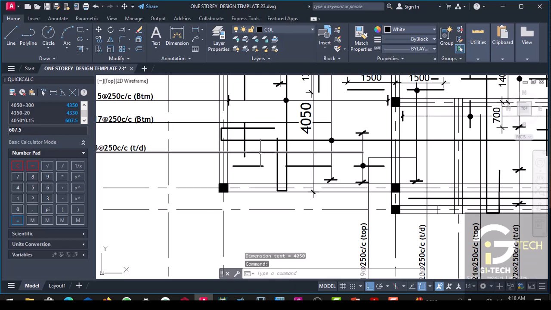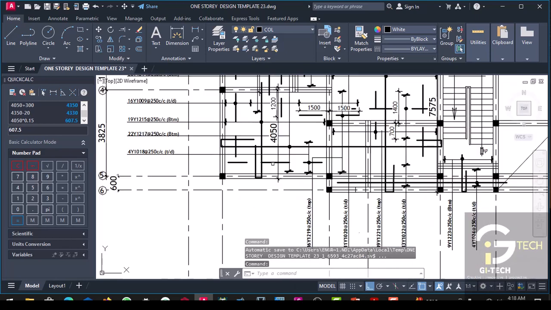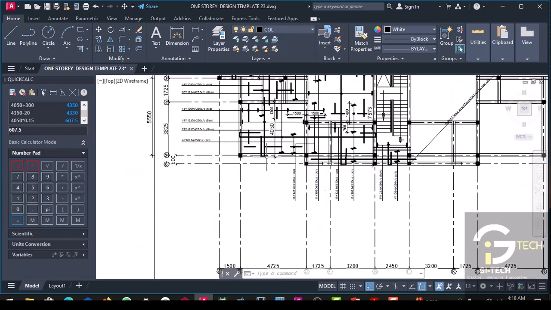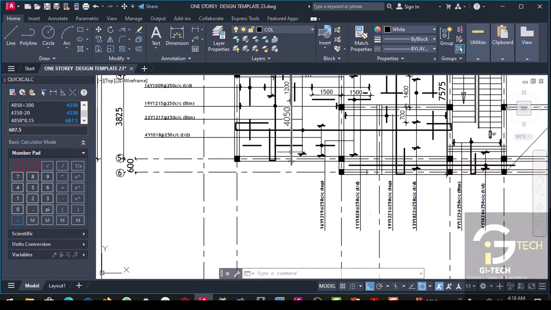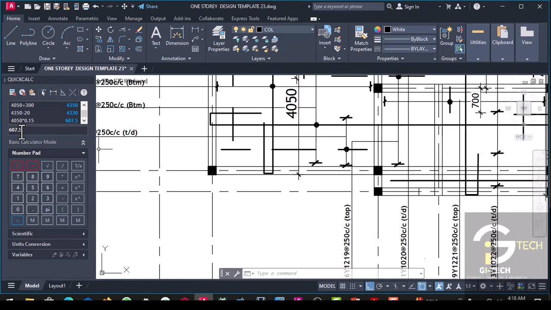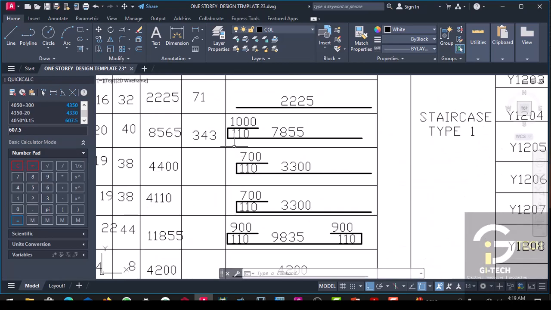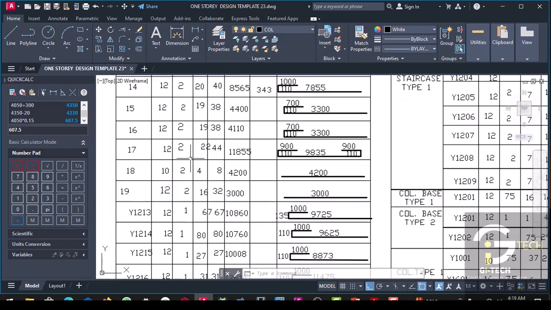Okay, so let's check out something here. Since this is just the distribution bar, only distribute this returning bar, which is from here to here. So here we can adopt 700. This is 607.5, so you move to the next whole number, which could be 650 or 700. In this case, let's adopt 700, since there is only one span for the distribution.